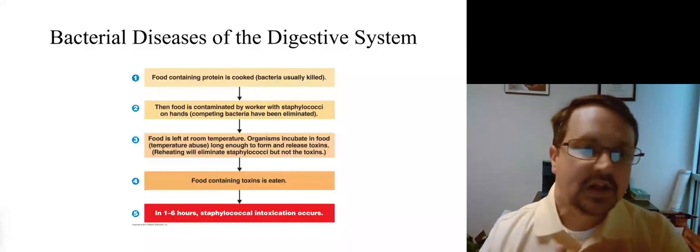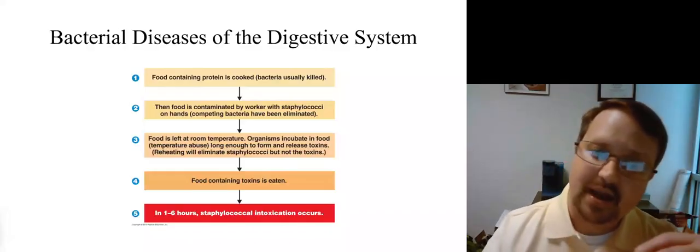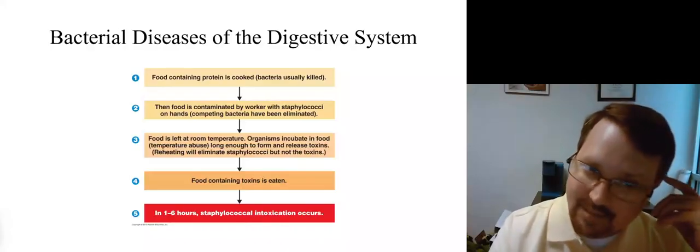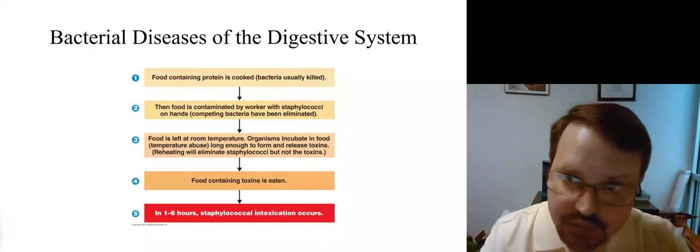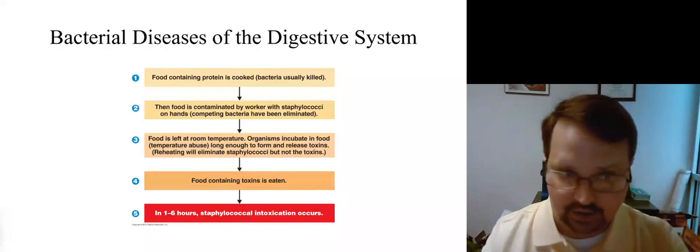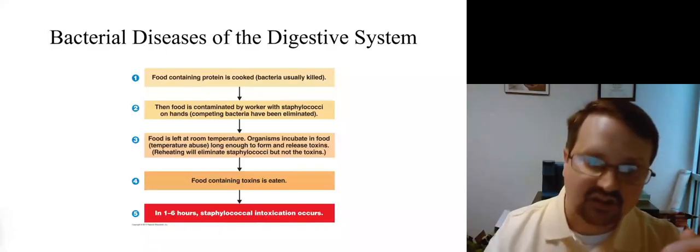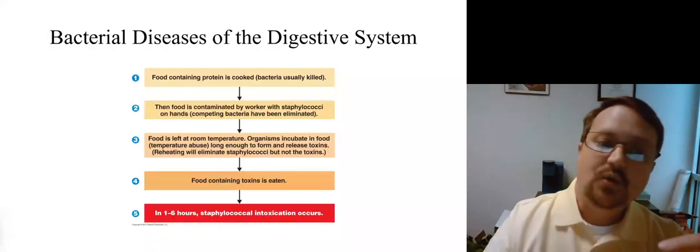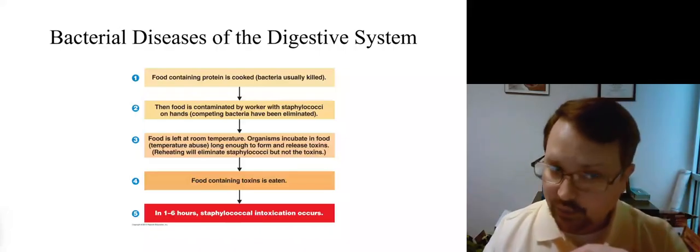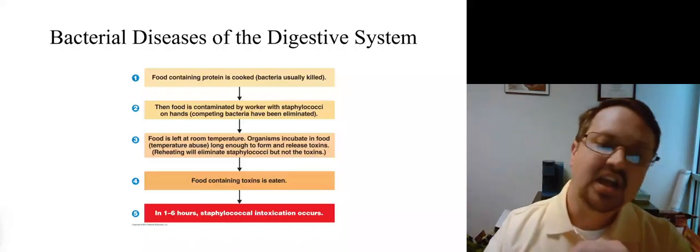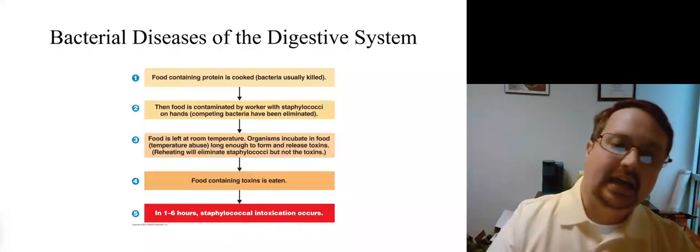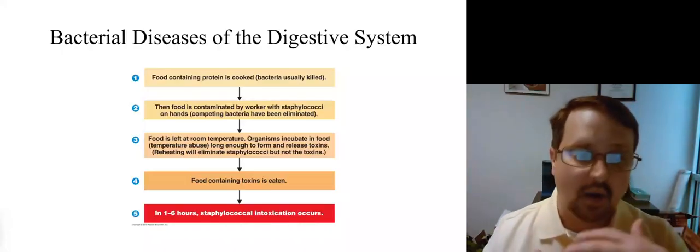The food is left at room temperature, the bacteria grows, so you would contaminate the food. The food sits at room temperature, it incubates the toxins, even if you cook it. Reheating may get rid of the bacteria, but not the toxin. The toxin gets eaten, and you can get really sick in about 1 to 6 hours.